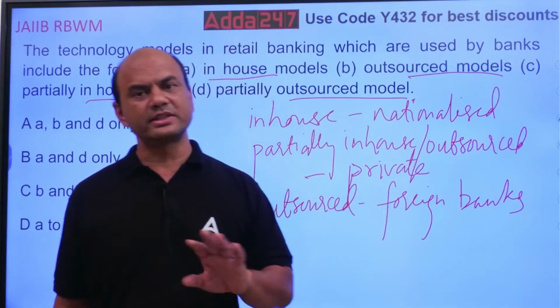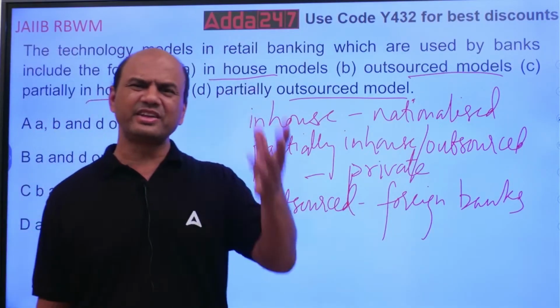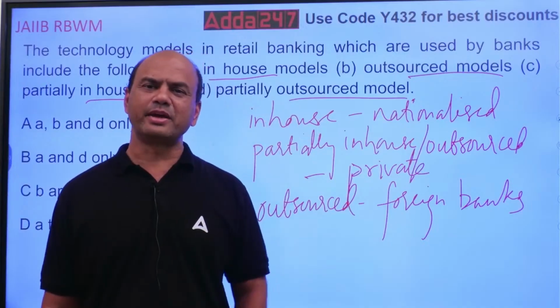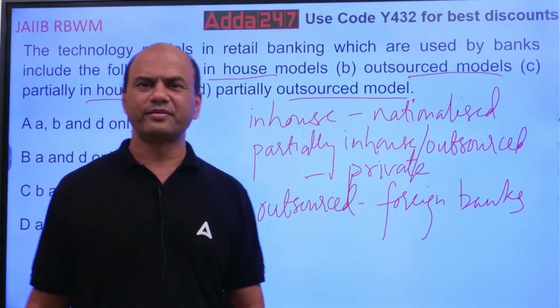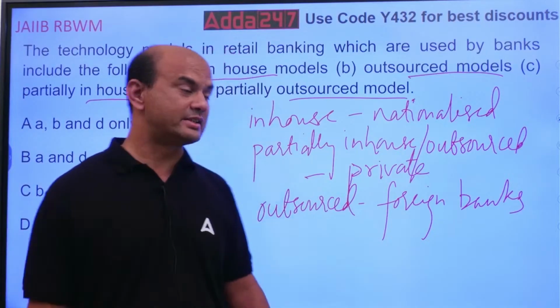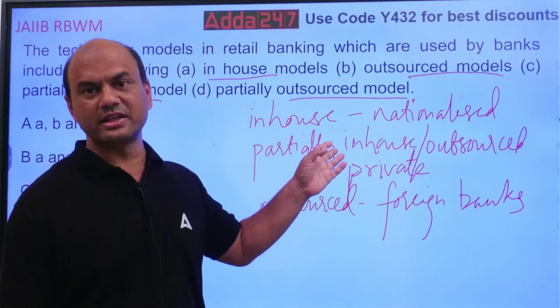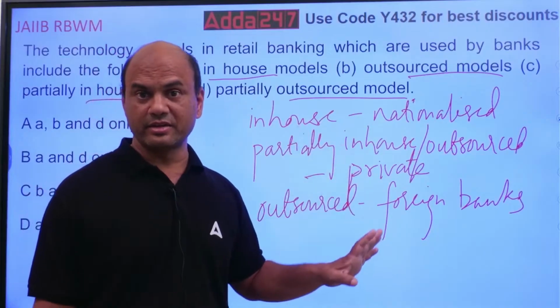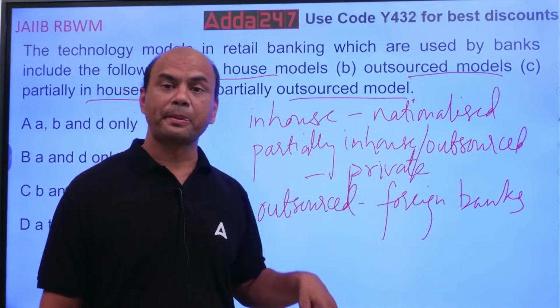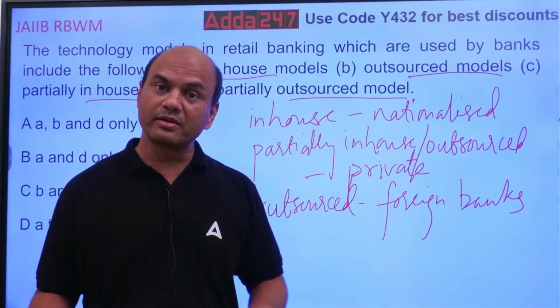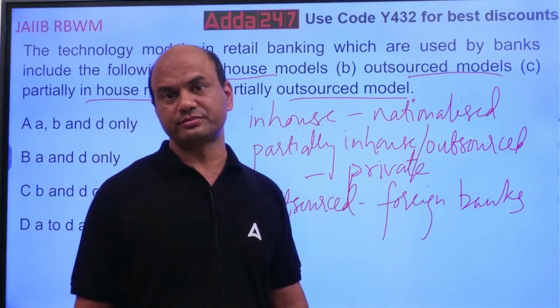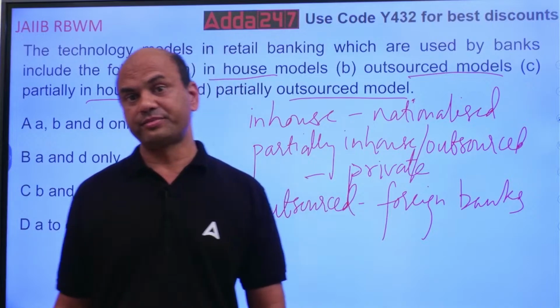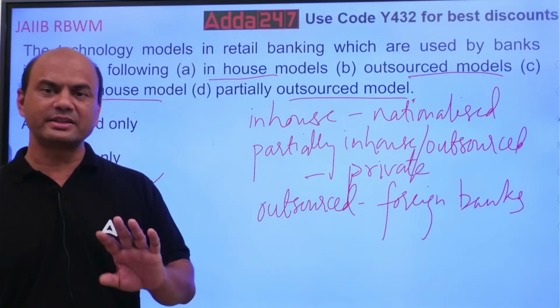So it's no difference now. Earlier, 15 or 20 years back, there used to be a difference. Now everyone has got money. In fact, nationalized banks, specifically, rather than private banks, have more money, more liquidity as compared to these foreign banks now in our country. So practically it's nothing like this.